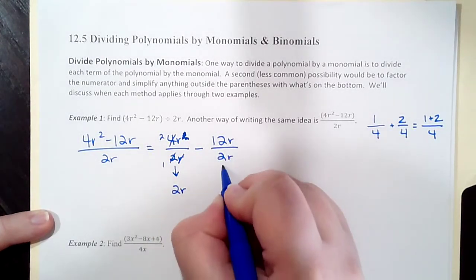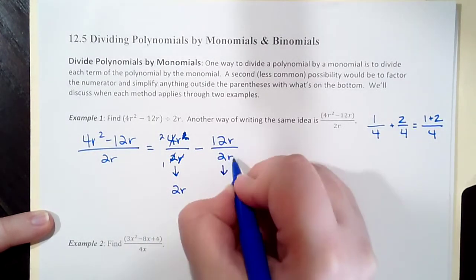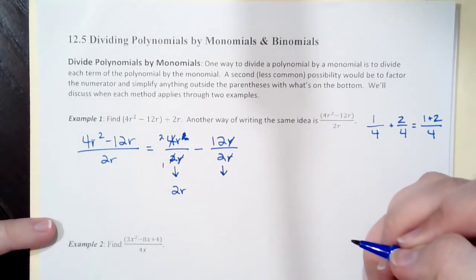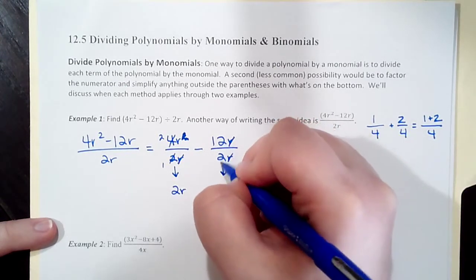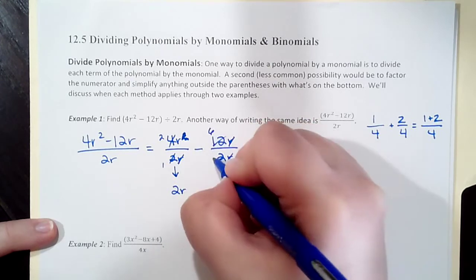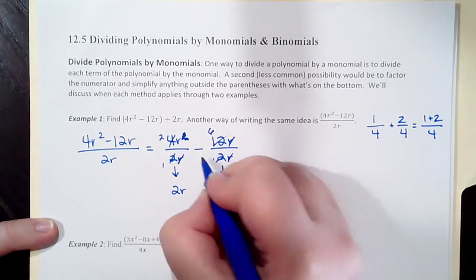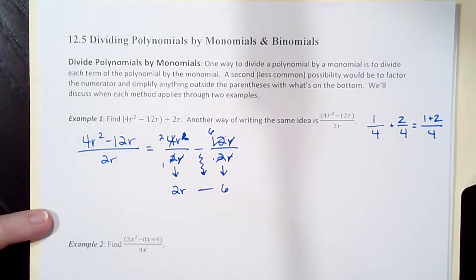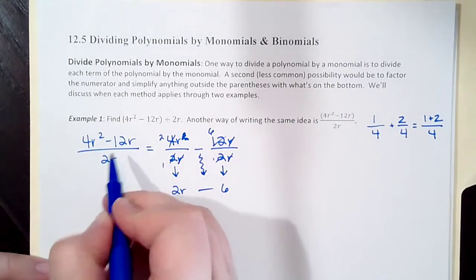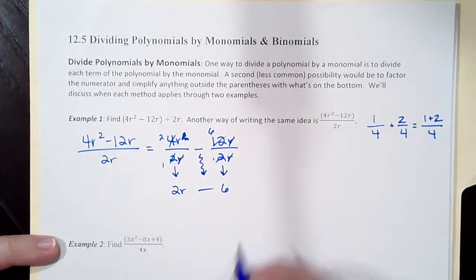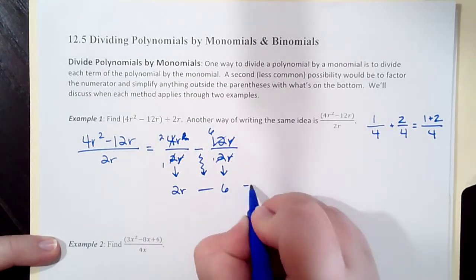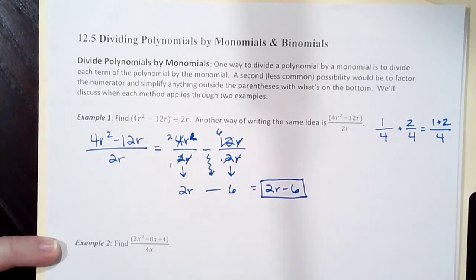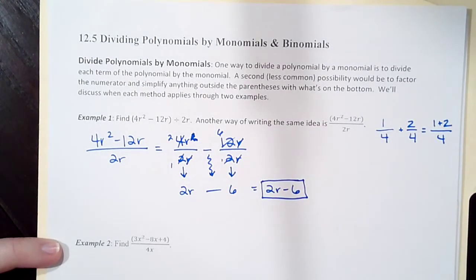And then if I simplify my second, I'm going to get 12r divided by 2r. r divided by r is 1, so that reduces. 12 divided by 2 is 6 over 1. So I'm left with 6. And then I just bring down the sign in the middle. I've now divided this polynomial by this monomial and gotten the answer 2r minus 6, simply by breaking up that fraction.